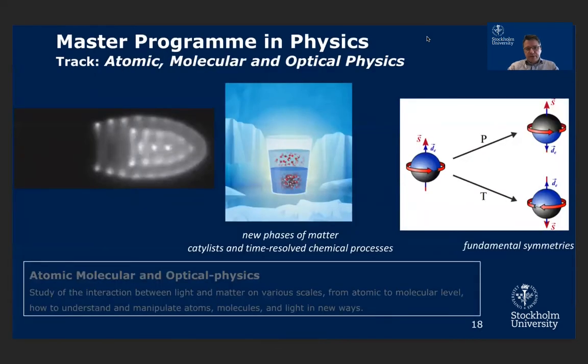Concerning the track in atomic, molecular, and optical physics, here we focus on the study of interaction between light and matter at various scales from atomic to molecular level. We want to understand all these interactions and how we can use them to manipulate atoms and molecules in ways which were not possible even just a decade ago.